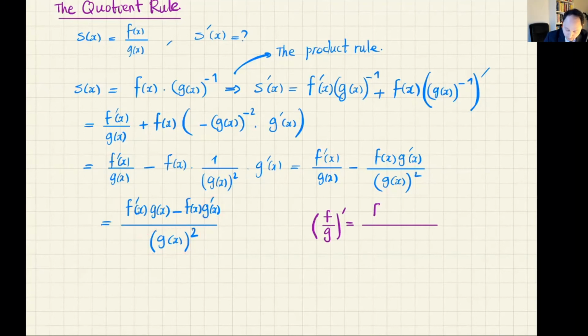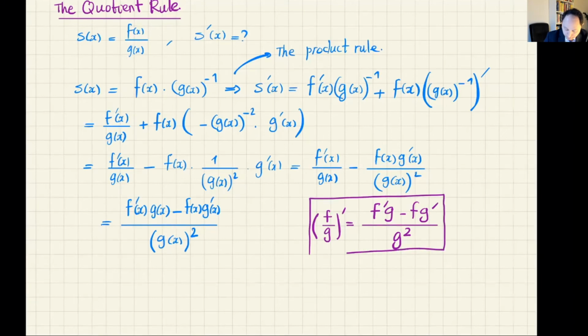So this becomes, if you want to remember it, f prime g minus f g prime divided by g squared. And that is called the quotient rule, yes? So the quotient rule.